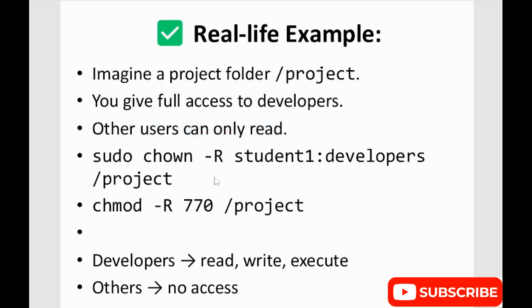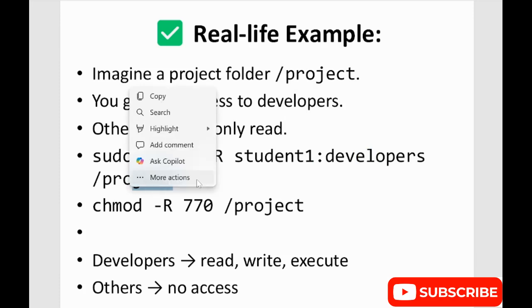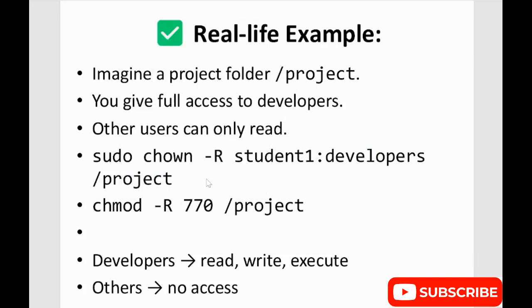For this you have to use sudo chown -R student1:developers and the project folder name. So here you have provided the permission to the user student1 and the developers group for the folder project. And why do we use this -R?